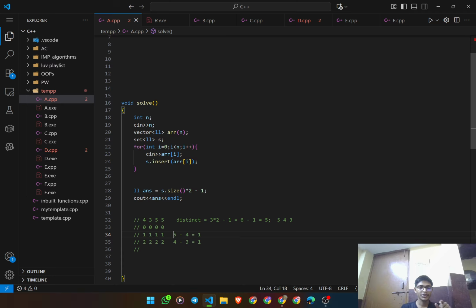After this we have to change these 2's to 0 0's. So these 2's we will change to 0 0's. Now after this we will apply the distance here. What distance will we apply? 4 minus 3, which is 1. So this will be 1 1, and this will be 3 3, because we are adding the distance into them.